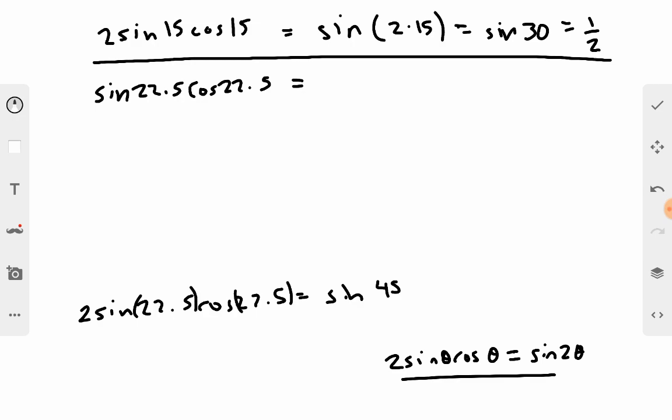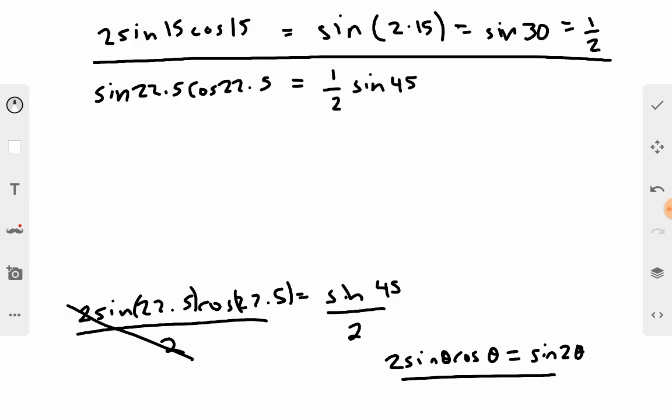Okay, so if we had the 2 out front, it would look like that, but we don't have the 2 out front. So what if I divide both sides of this by 2? Then what I do have is equal to 1/2 sine of 45. Okay, and we know sine of 45 is square root of 2 over 2, and half of that is going to give me square root of 2 over 4.